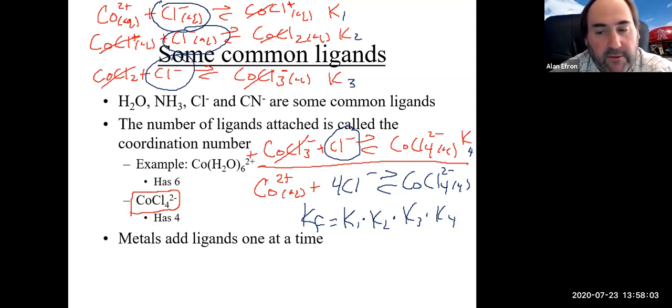So there are certain situations in some of these problems where it's sometimes more advantageous to look at each of the steps individually, based on the information that's given to you. Sometimes there's more of an advantage to add up all the steps together and look at the overall process of all the ligands being added.